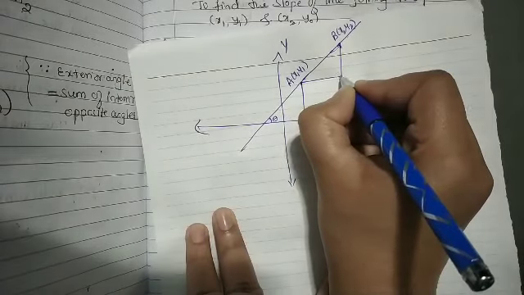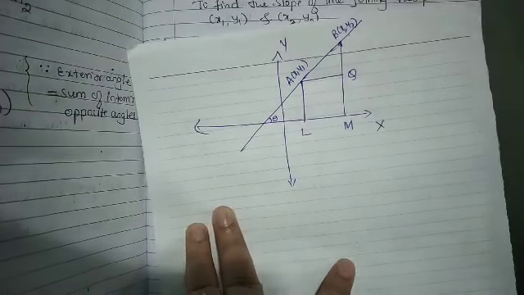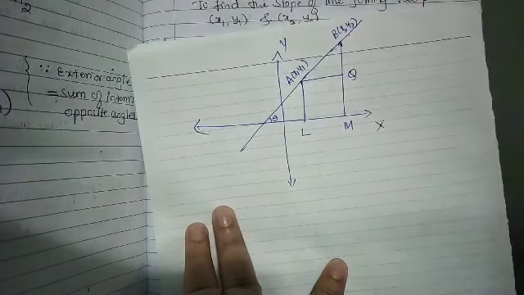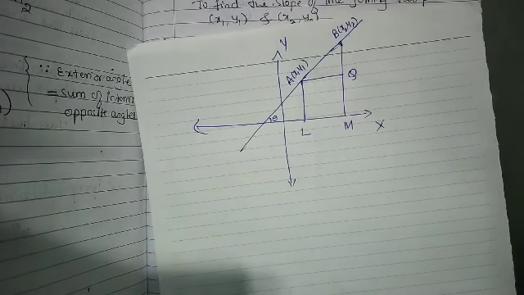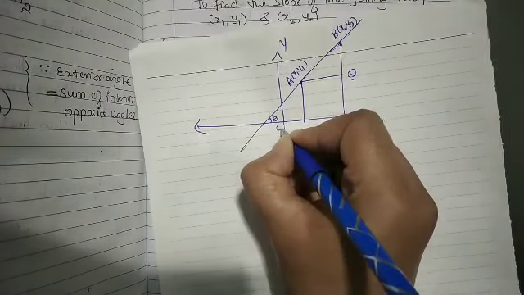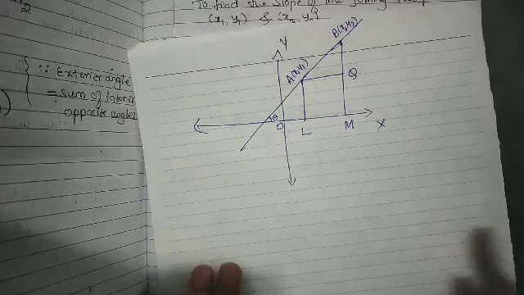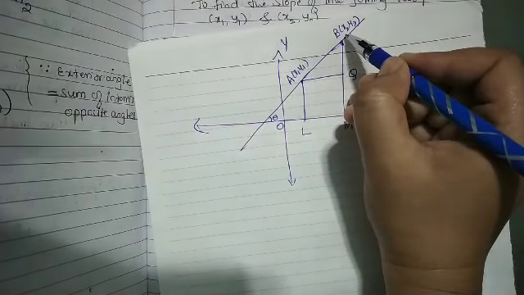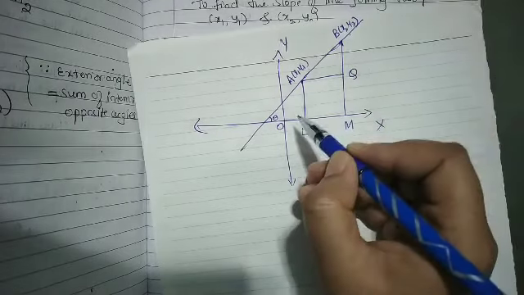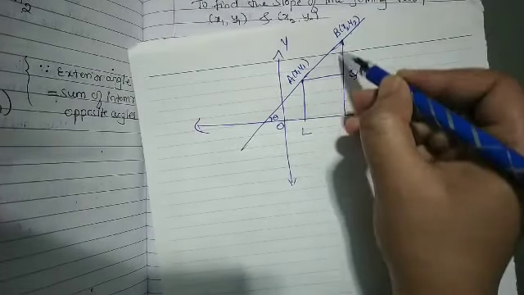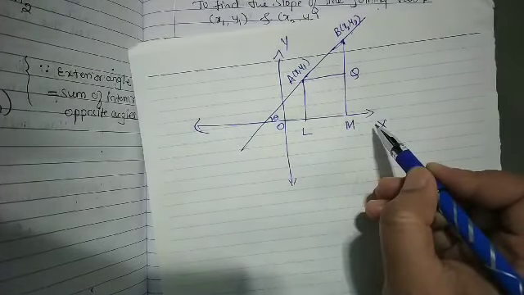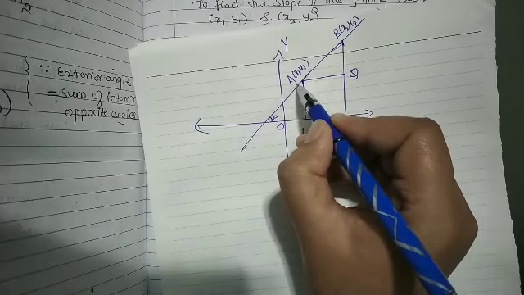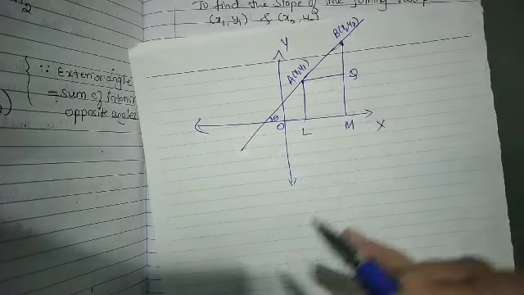Also draw AQ perpendicular to BM. Here it is origin O. Let A of x1 y1 and B of x2 y2 be the given points. Draw AL and BM perpendicular to the x-axis, and also AQ perpendicular to BM.